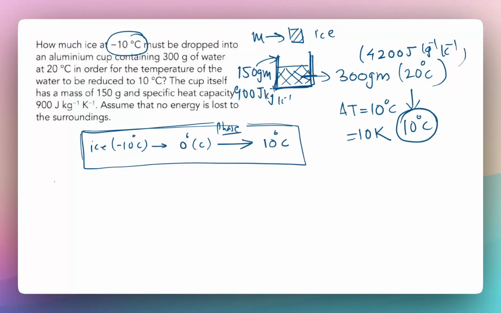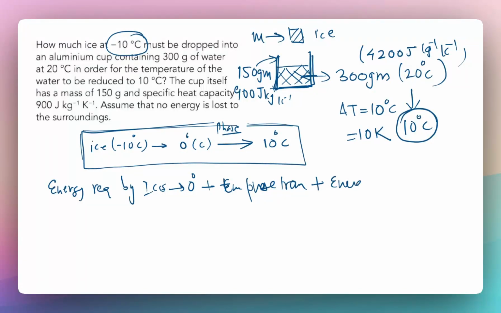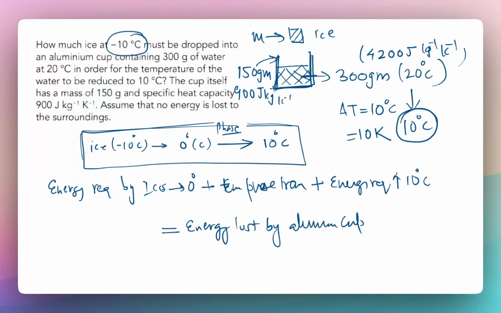So our equation is going to be: the energy required by ice to come to 0 degrees Celsius, plus the energy required for the phase transformation, plus the energy required to increase its temperature by 10 degrees Celsius, from 0 to 10, will be equal to the energy provided, that is, the energy lost by the aluminum cup by reducing its temperature from 20 degrees to 10 degrees Celsius.